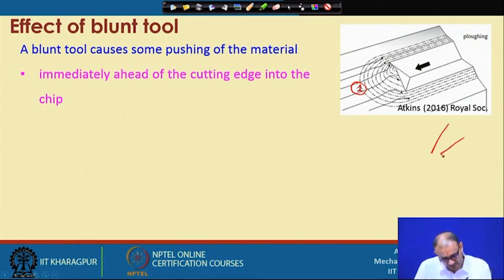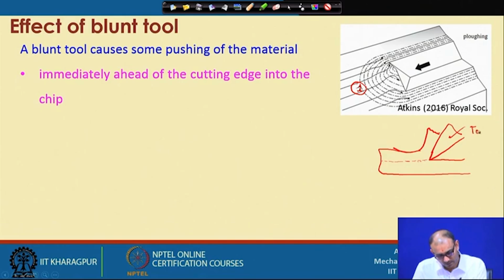Let us right now consider it as a sharp tool, and this is our chip, this is our material, this is our uncut chip thickness, and this is our machined surface. Now, when it is removing the material, this is the tool, this is the workpiece.